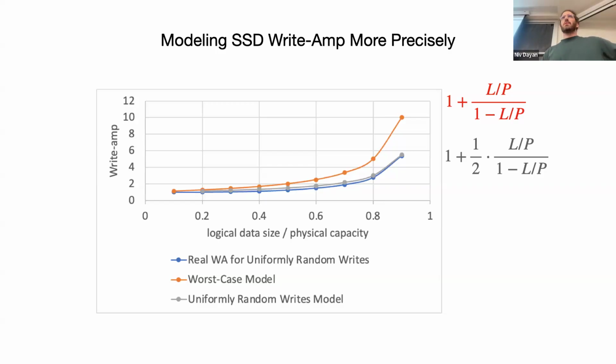Like, when you have an SSD, we purposely restrict how many logical addresses you can actually access, right? So you don't actually have access to all of the pages. Okay, that's a really good point.